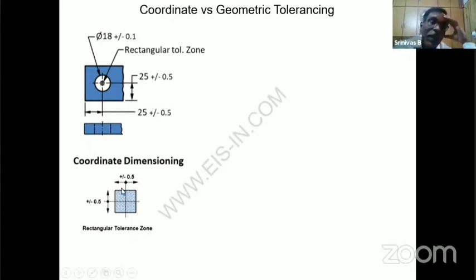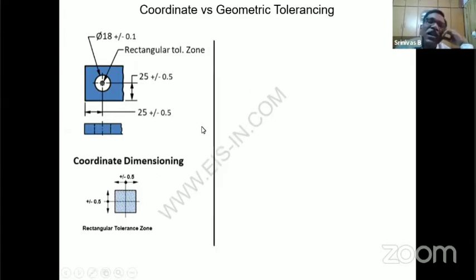I would say if it is allowed by 0.7 here, the hole axis is allowed by 0.7 here, all along 360 degrees, the axis can be allowed to deviate by 0.7. Do you agree or not? It should be rational.